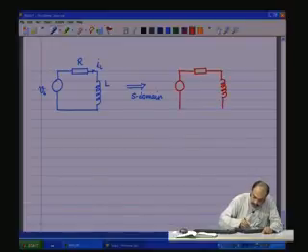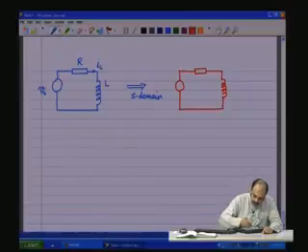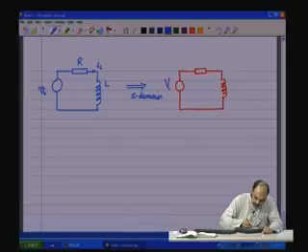Only what is going to change is the way you represent the variables. So, it is Vi of S, R still remains as R.